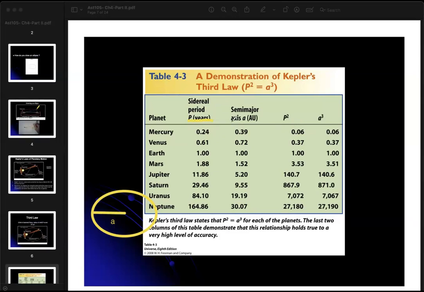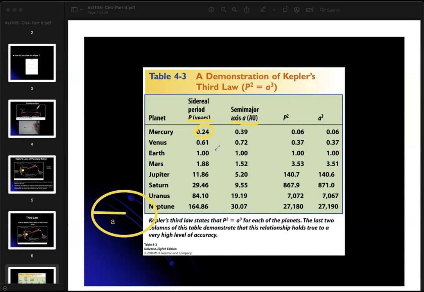So in this formula, the period should always be written in years, and the semi-major axis should always be written in astronomical units. Only then does it work the way it is written. Mercury's period, which is 88 days, about 3 months, a little less than a quarter, would be 0.24 when written in years.